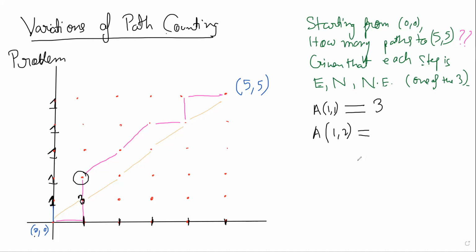What are those 6? So certainly this one pink one is there. What is the other way? The other way would be to go like this. Yes, right? We can go like this. And what are the other ways? Yeah, northeast, north. And then there is this.